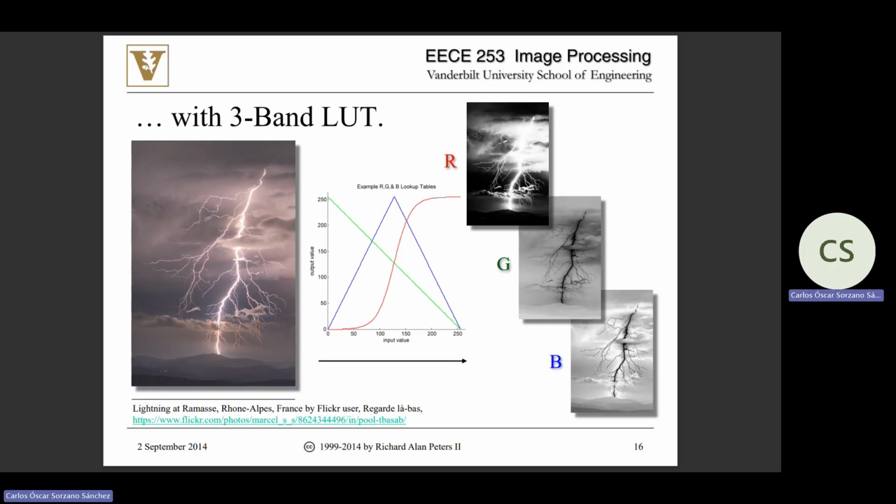And then for the blue channel, we are kind of doing the two effects at the same time. So for half of the range, so for the dark values, we are making them even brighter. And for the brighter values, we are inverting them. So if you are very bright, you will be very dark.